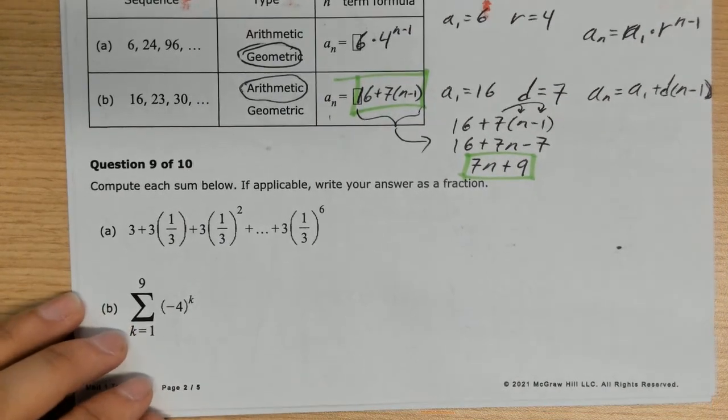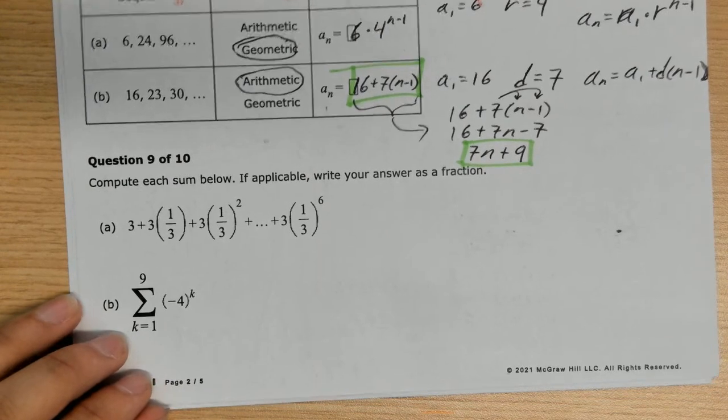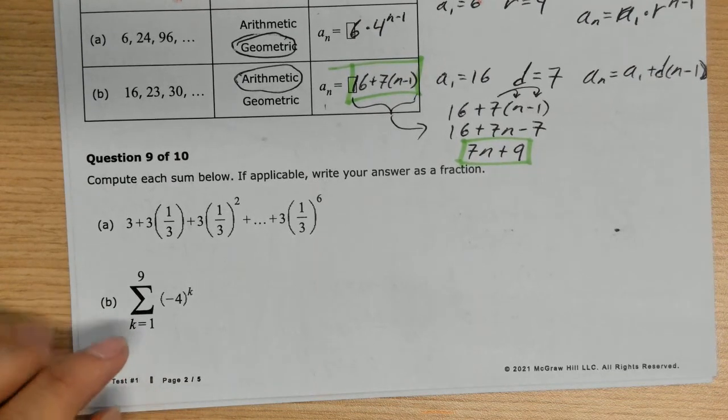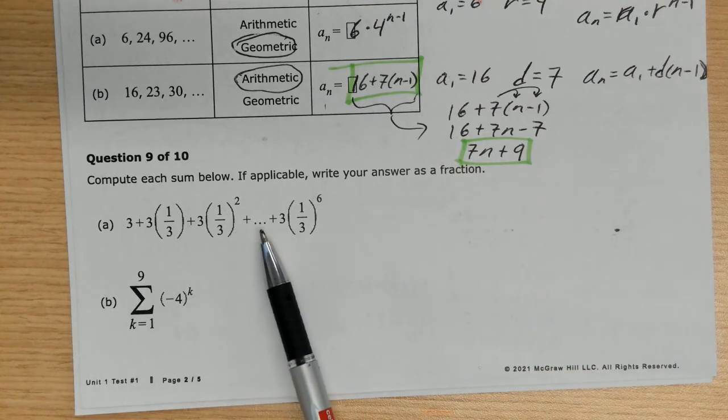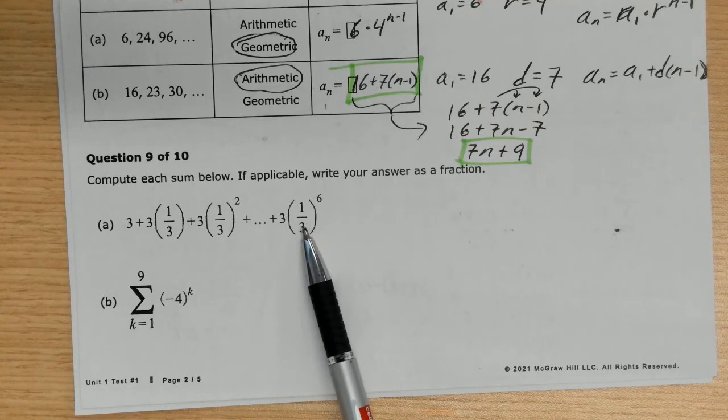Guys, for number 9, I'm finding the sum. It's not the infinite sum, it's a finite sum. Finite means that it has an end. You don't see any infinity numbers here, and the sequence has a dot, but then it ends here.